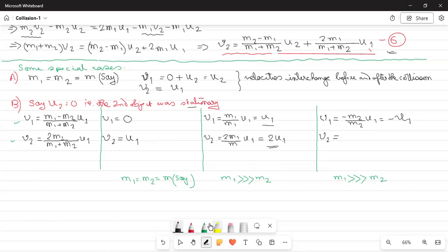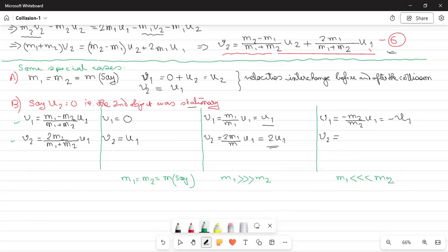Sorry, here I have made a mistake. I have written both of them same thing actually. It's not correct. I've written here M1 is much more than M2. Here I should write M1 is much less than M2.